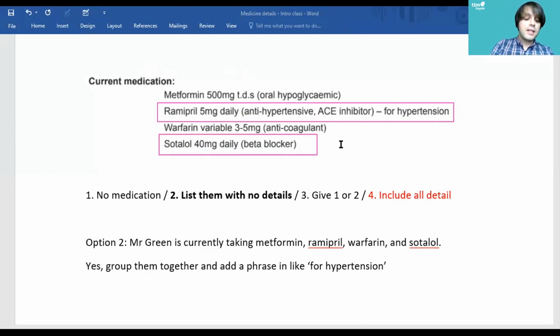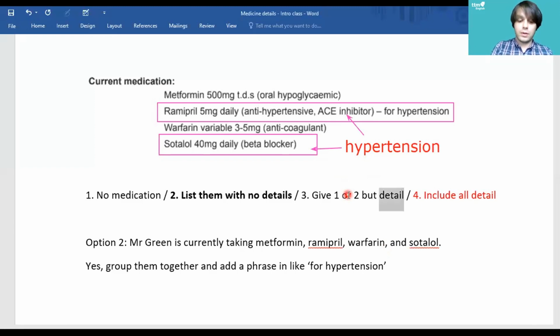Yes. Let's imagine that our reader only needs these 2, okay? Again, you've got 2 minutes to write me 1 sentence or maybe 2 sentences, okay? But I need the detail, right? So it's option 3, give 1 or 2 for detail. All right, so again, get a piece of pen, paper, and write down what you would like to do, or you can use the chat box as well. Off you go.